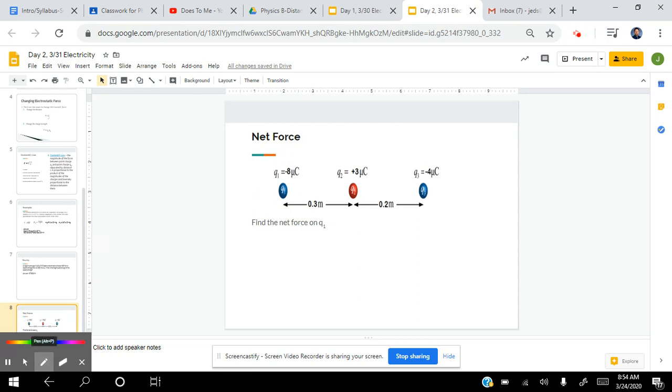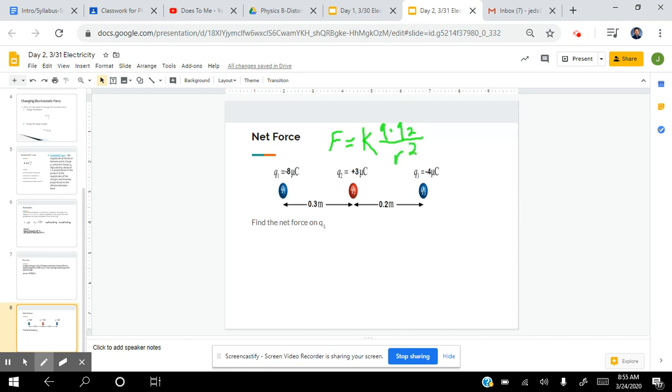But you'll be using Coulomb's law, which remember is force is equal to K constant, or Boltzmann's constant, multiplied by Q1 times Q2 divided by the radius squared between them.